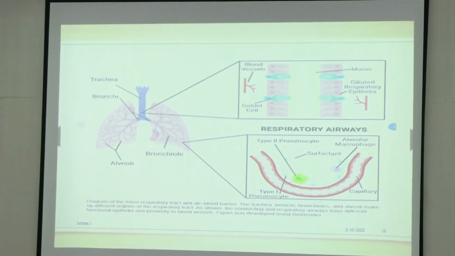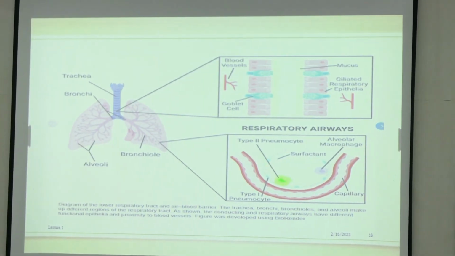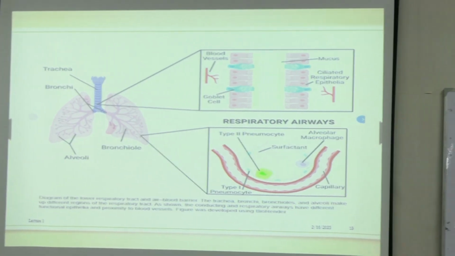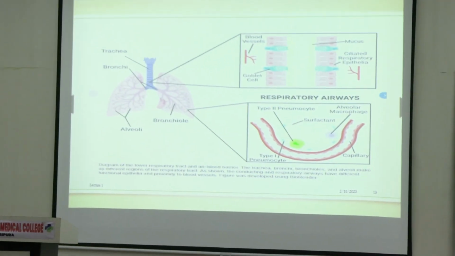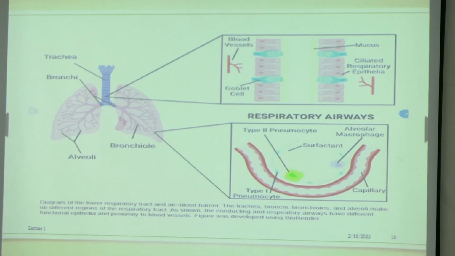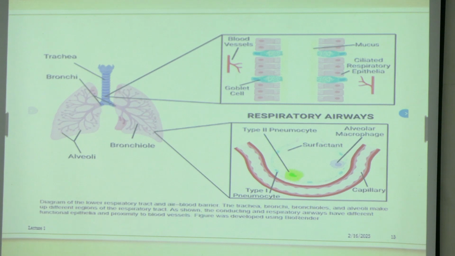Now, in the previous slide, I mentioned there are different types of epithelial cell layer, mainly 3 different types, and their functions are also important. Other than this epithelial layer, if you see the cellular features of both the upper respiratory tract or trachea and the respiratory airway, you will find a sharp difference.